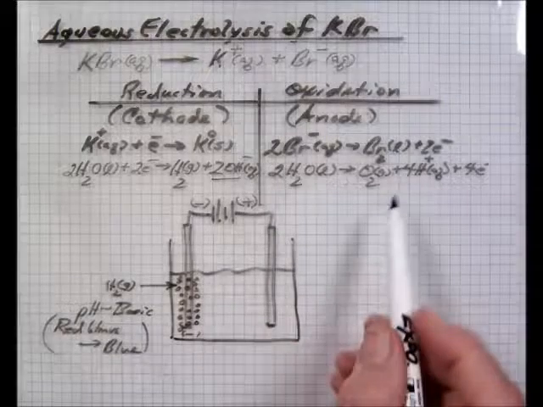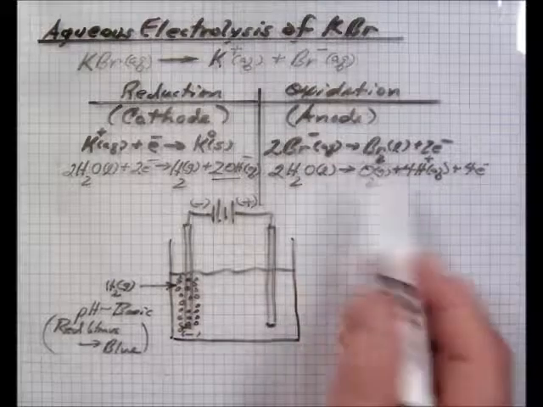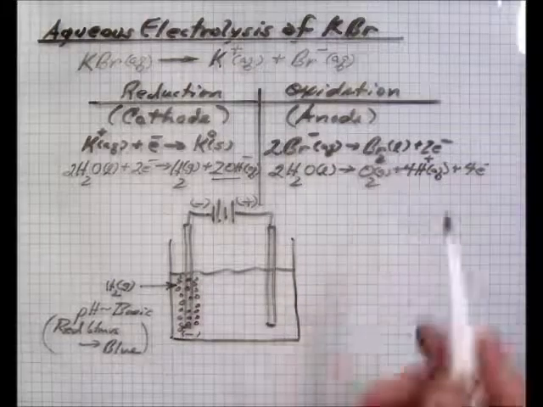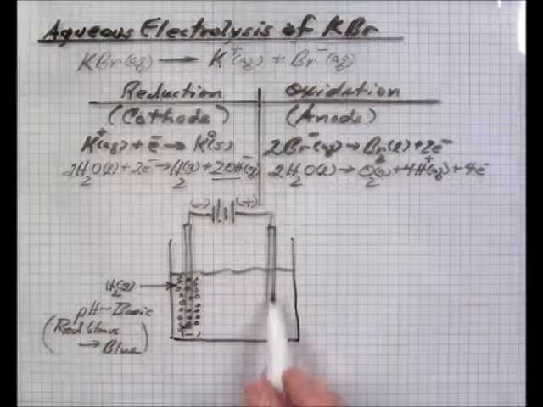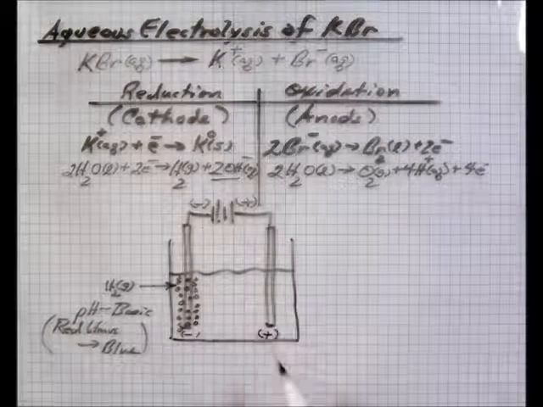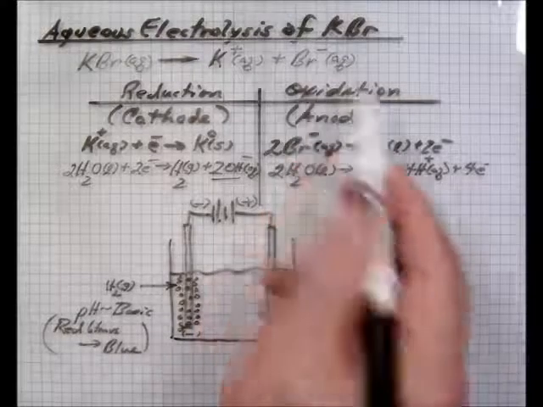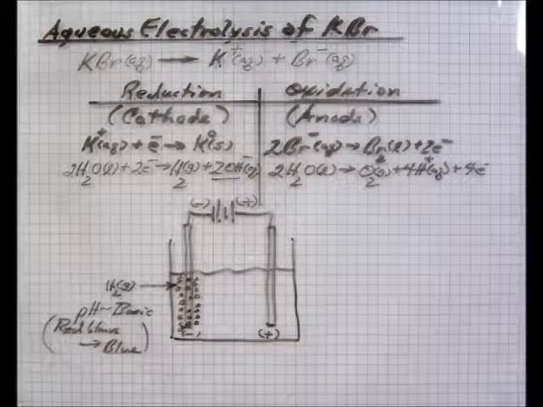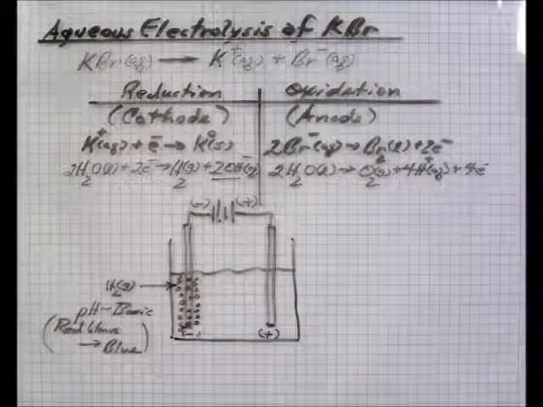On the other side, what we'd see is a cloud of purple liquid being formed around the anode, the positive electrode, and this one would certainly be undergoing the oxidation.